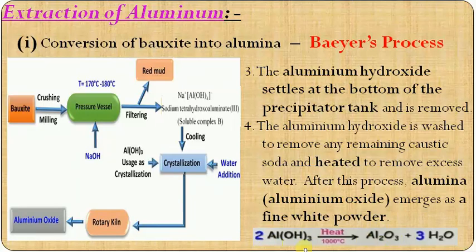So the aluminium hydroxide, if you heat it, becomes alumina along with 3 water molecules. So this will be washed and dried as a fine powder. After making fine powder of alumina, the alumina is treated in the Hall process. So the alumina is reduced in the Hall's process to produce aluminium electrolytically. That is the next process.